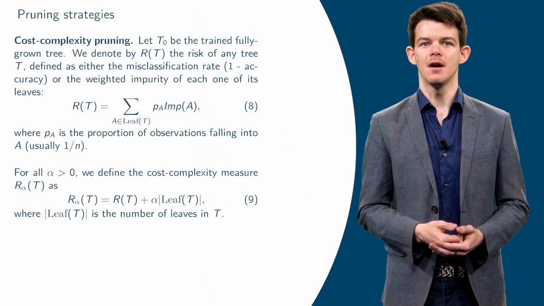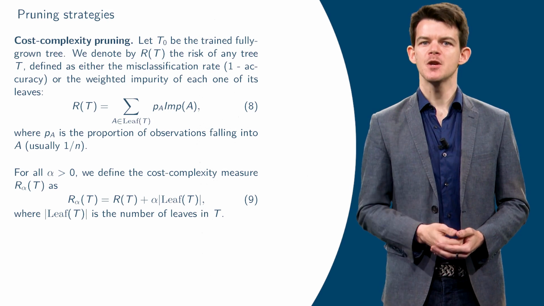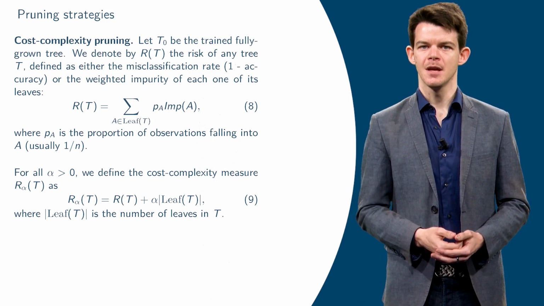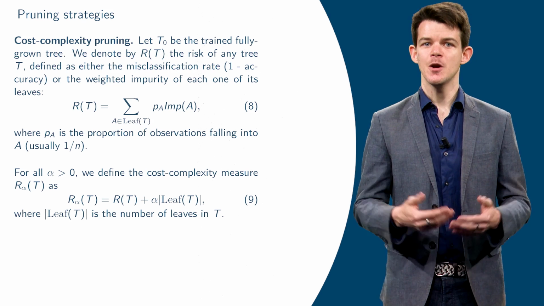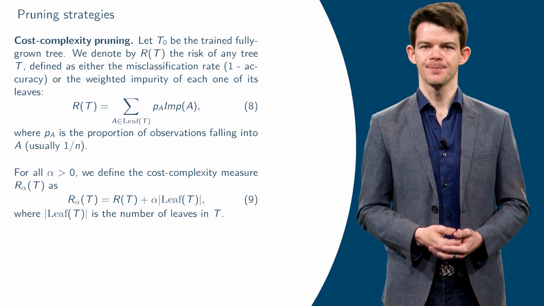We add to the risk R(T) a positive quantity, increasing with the complexity of the method. Indeed, the complexity of a tree increases with its number of leaves.